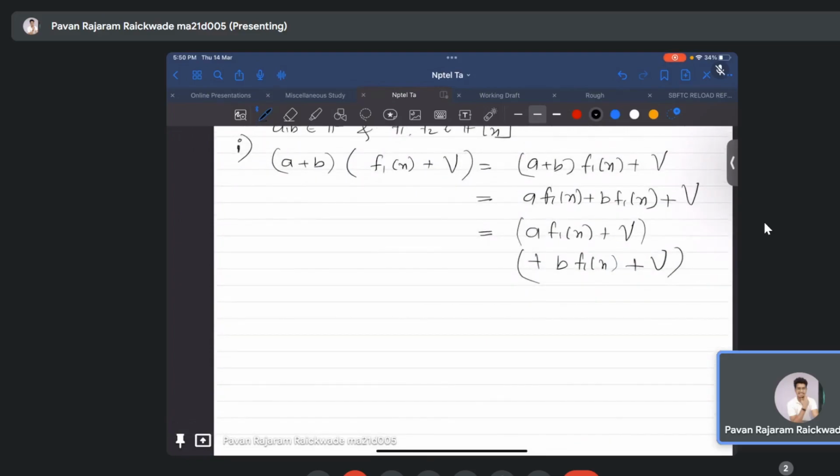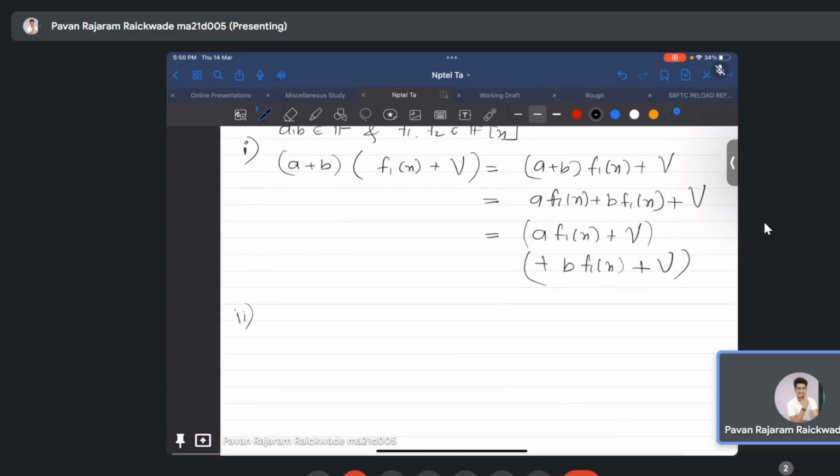Now the second property: can you go in the brackets? That is a times ((f1(x) + V) + (f2(x) + V)). What does this mean?